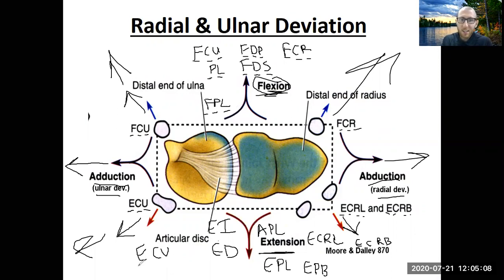But down here, we've got extensor carpi ulnaris, we've got extensor carpi radialis longus and brevis, the ones that are already up there, but you can also throw in extensor digitorum, extensor pollicis longus, extensor pollicis brevis, abductor pollicis longus, and extensor indicis.